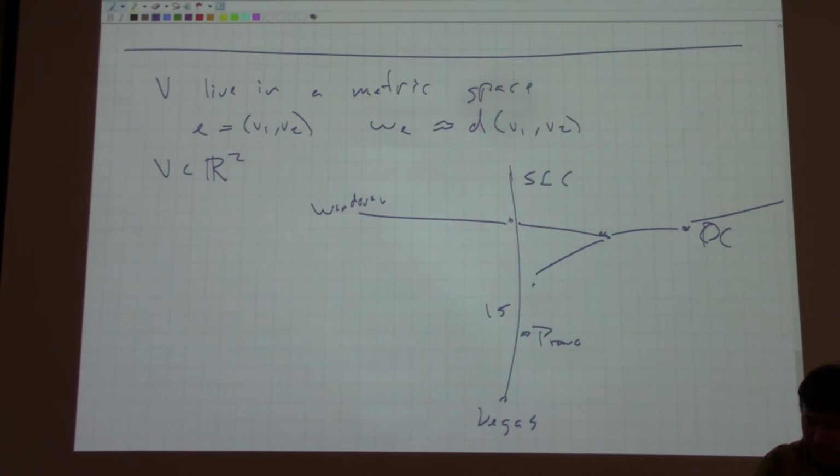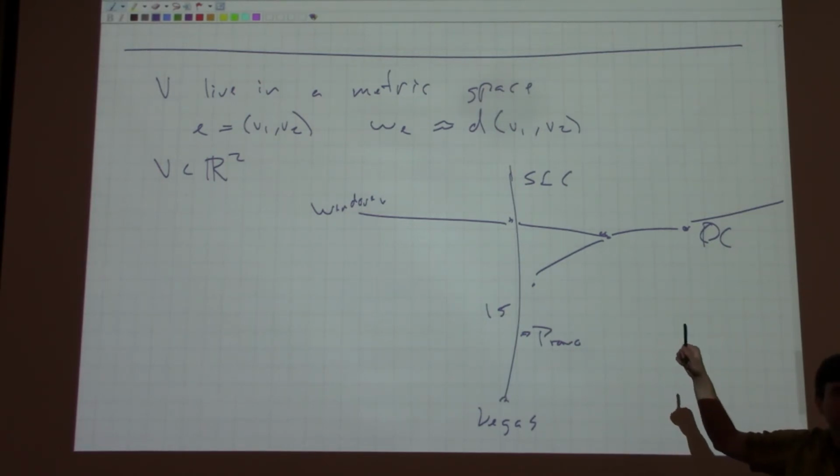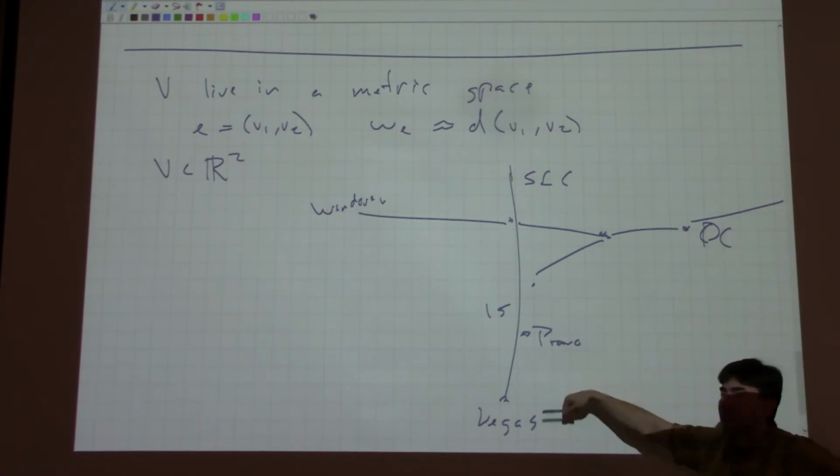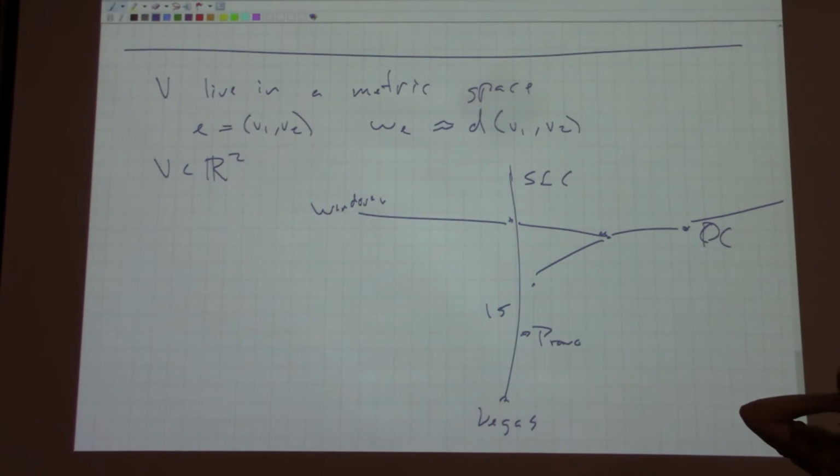Some of these will work generally in a metric space, and if you have a road network and you have the travel time distance on these roads, this actually creates a metric space between the vertices. You can measure the distance between two things as the shortest travel time, as long as you don't worry about the symmetry of the travel time.